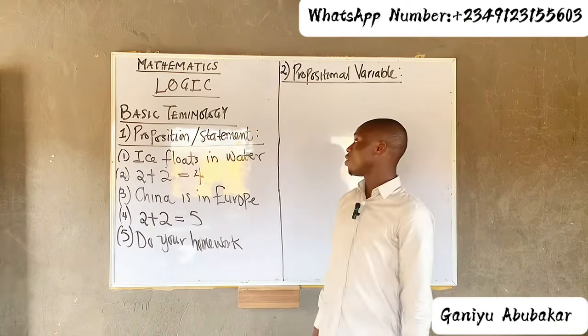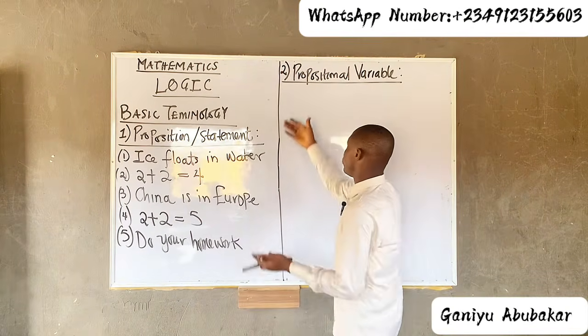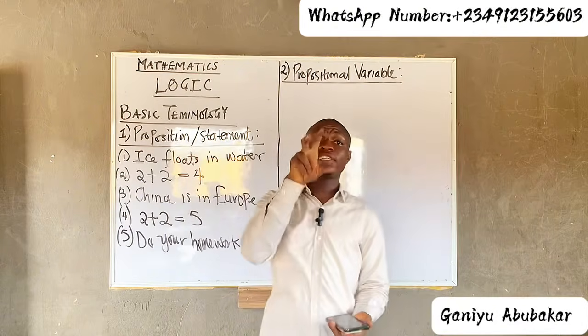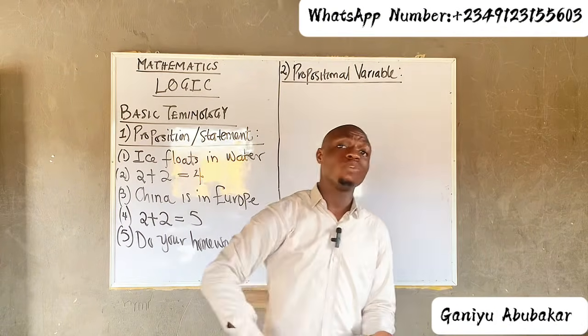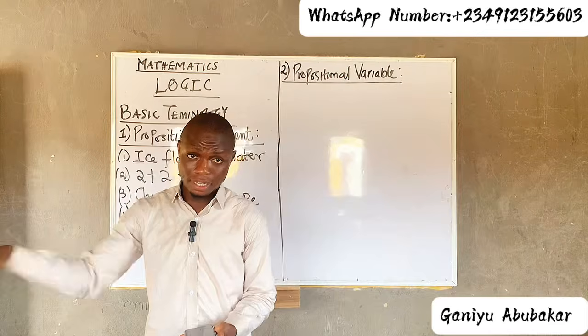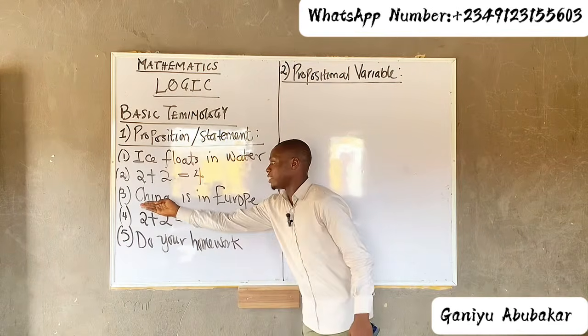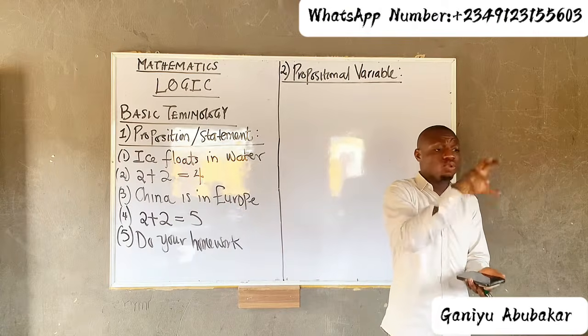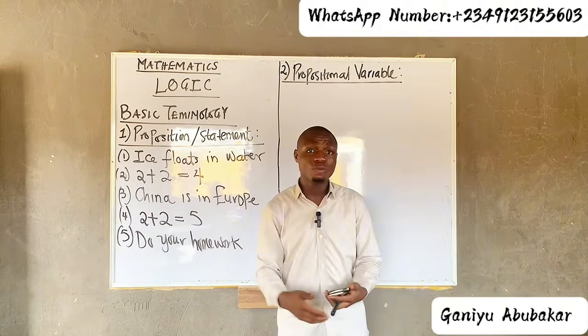Look up please. Here's the concept. When it comes to a propositional variable, I'm using a symbol to represent a propositional statement. Of course, this is a statement: China is in Europe. For me to now use a letter to identify that statement, it's said to be what there?